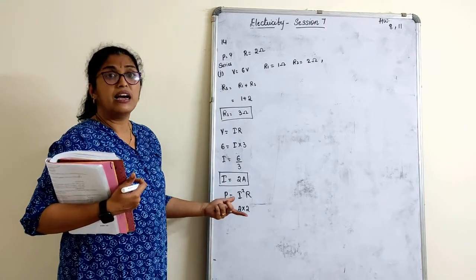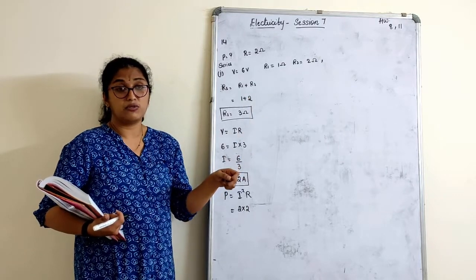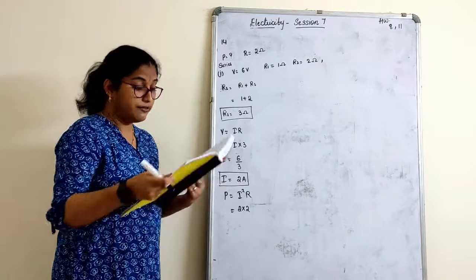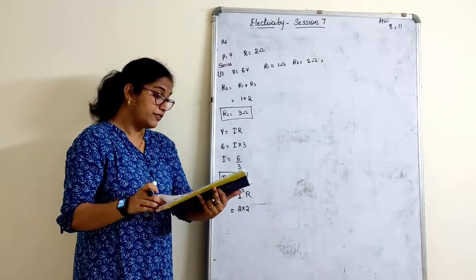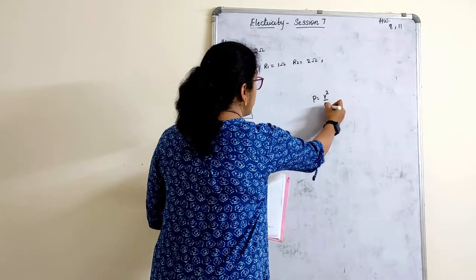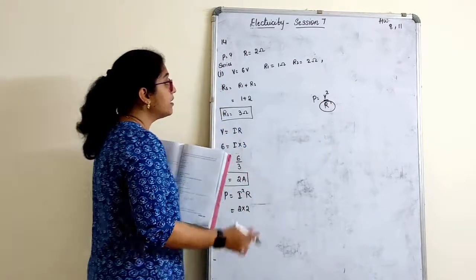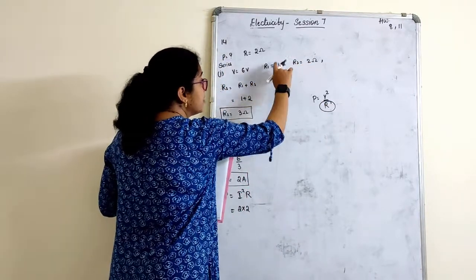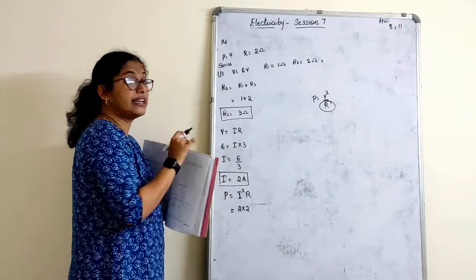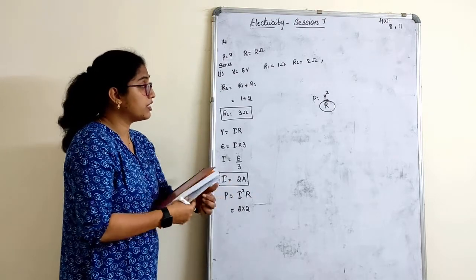In the previous sum, we used power is equal to V square by R. But here this R is in turn connected with another resistor, which means I have to find the current for this. See, there are so many complications.